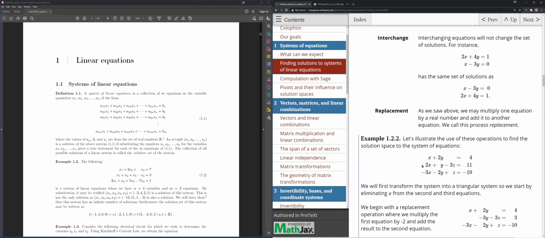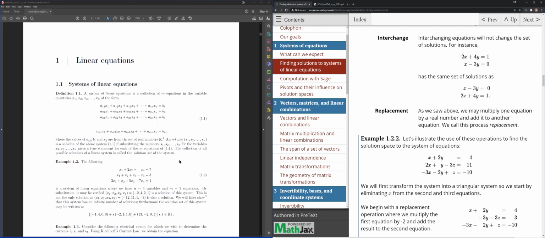This is your first equation, this is your second equation, and this is your third equation. So here the variables are x, y, and z. These examples are from the Austin Linear Algebra textbook that I posted on my 3530 website.